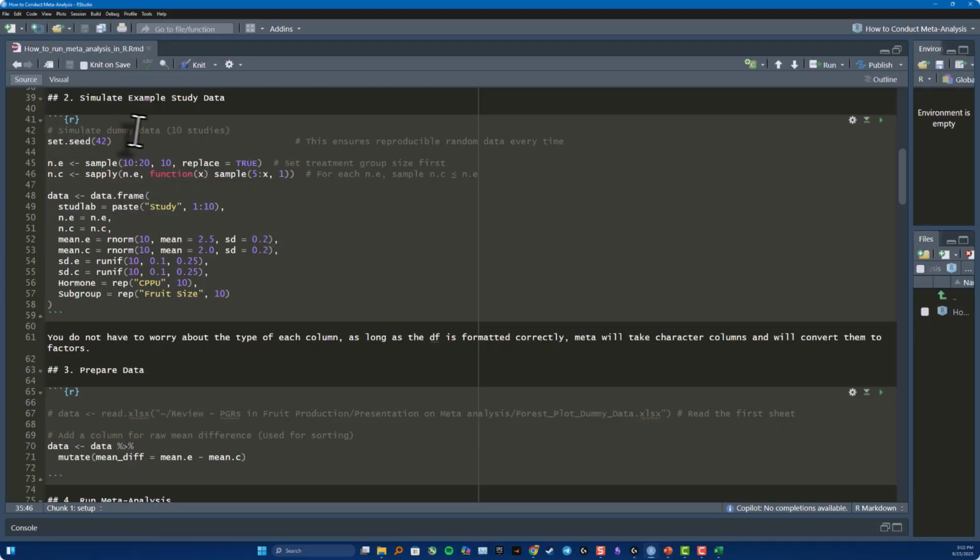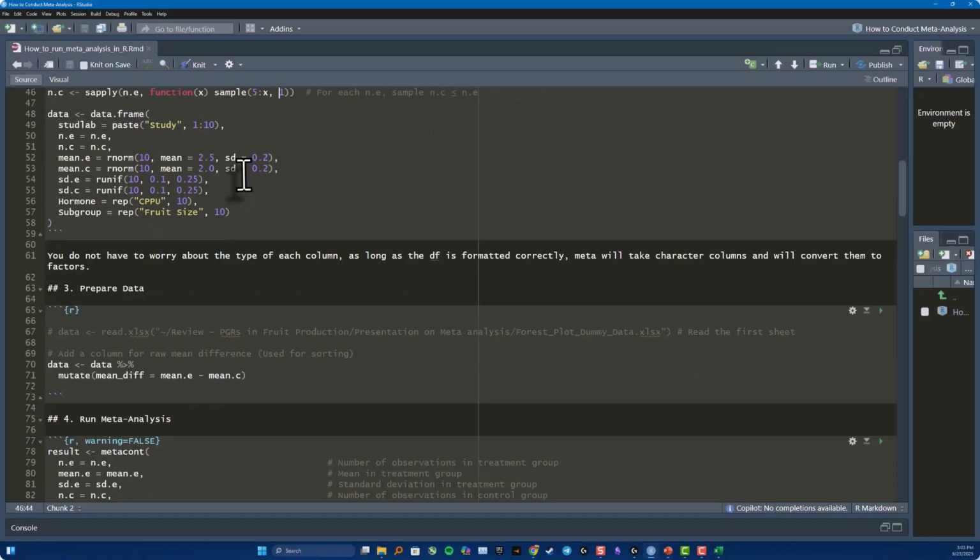For this, I'm going to simulate some dummy data using 10 different studies. The number of observations is between 10 and 20 with an average of 10 for the experiments, and control typically has less, between 5 and 10.